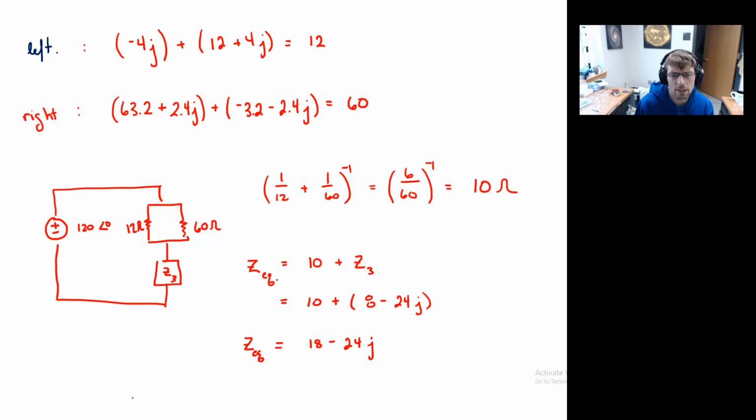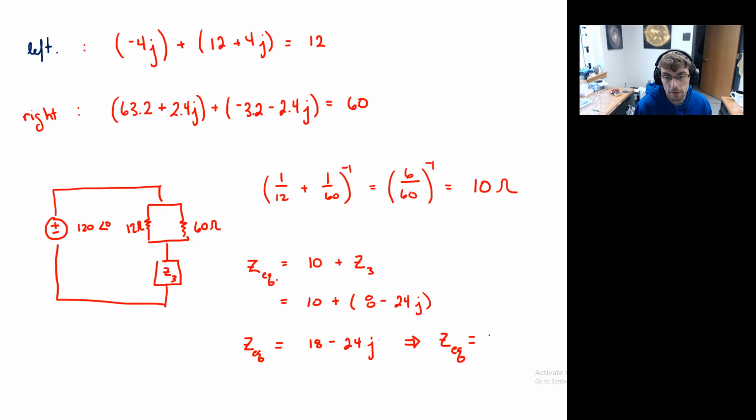Let's go ahead and turn that into a phasor just so that we have an idea. So we could write this in polar coordinates as being, and you're probably faster on the ball here than I am, the square root of 18 squared plus 24 squared. That's 30.